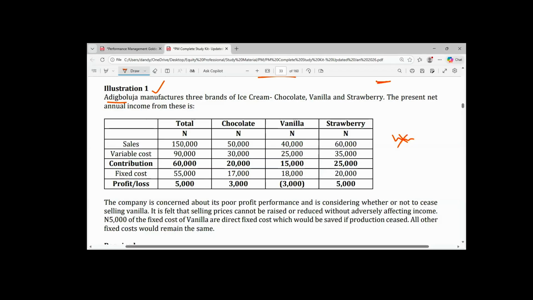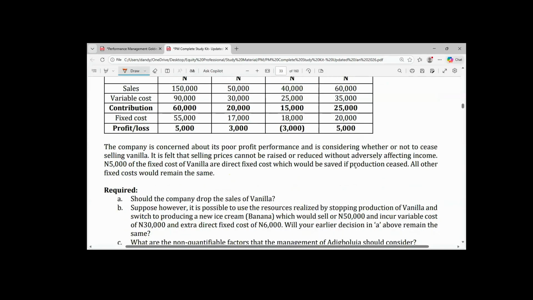Adigboluja manufactures 3 brands of ice cream: chocolate, vanilla, and strawberry. The present net actual annual income from this is, all figures are assumed to be correct. The company is concerned about its poor profit performance and is considering whether or not to cease selling vanilla.